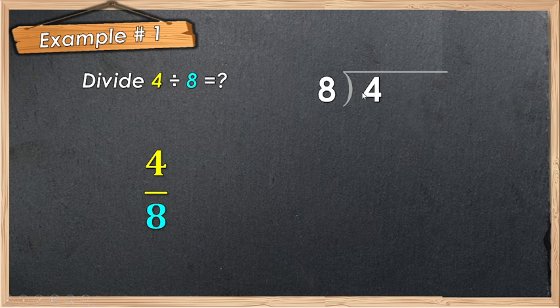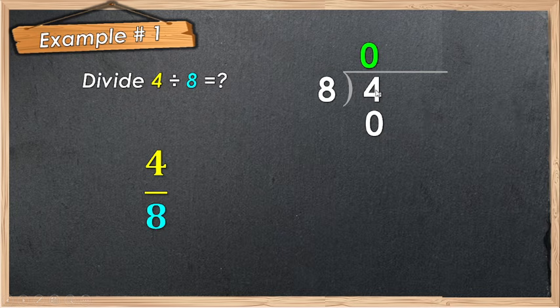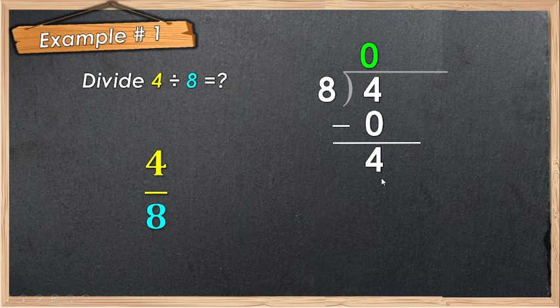Now, we already placed the digits in the long division bar. Let's perform the division. 4 divided by 8 cannot be, so that would be 0. 0 times 8, the answer is 0. Then subtract: 4 minus 0, the answer is 4.